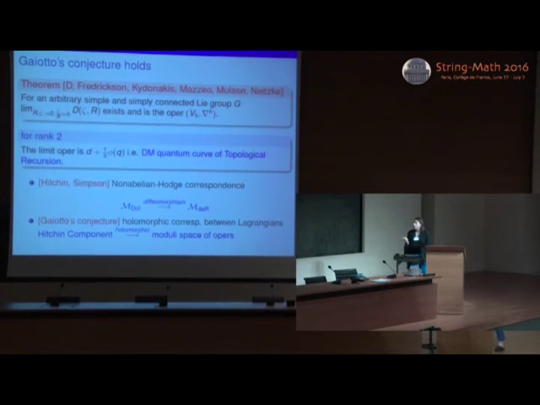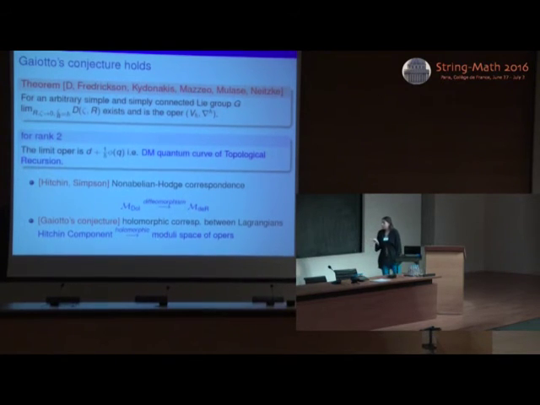Mainly, the limit when r and zeta approach 0 with a fixed ratio, this family of connections exists and is the oper that we just constructed. And this works for SL_r and for any arbitrary simple and simply connected Lie group G. What we've just seen in rank 2 is that the limit oper given by topological recursion is in fact the limit oper of Gaiotto's conjecture.